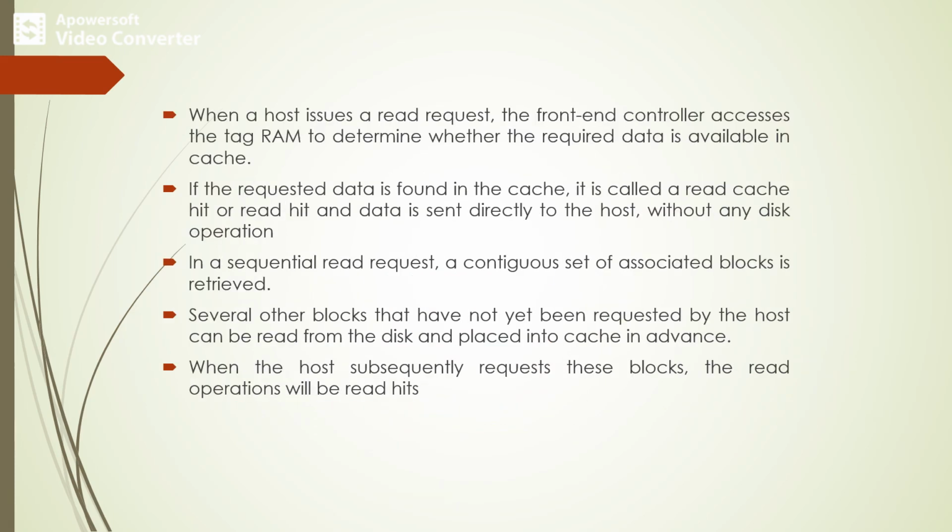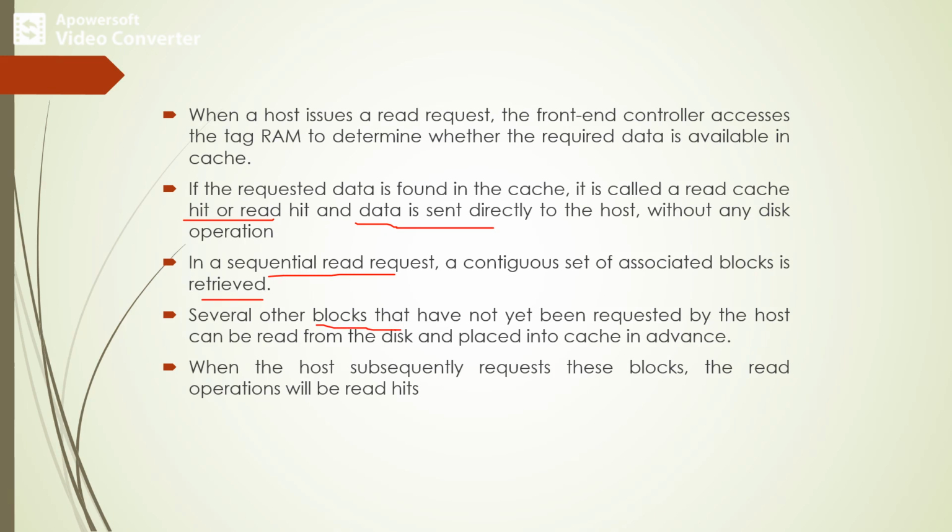When a host issues a read request, the front-end controller accesses the tag RAM to determine whether the required data is available in the cache or not. If the requested data is found, that is called a cache hit or read hit. At that instant, the data is directly sent to the host without any disk operations. In a sequential read request, a contiguous set of associated blocks is retrieved.